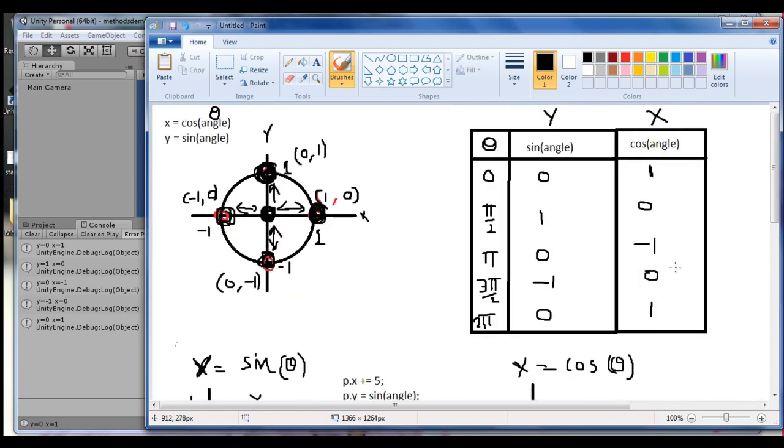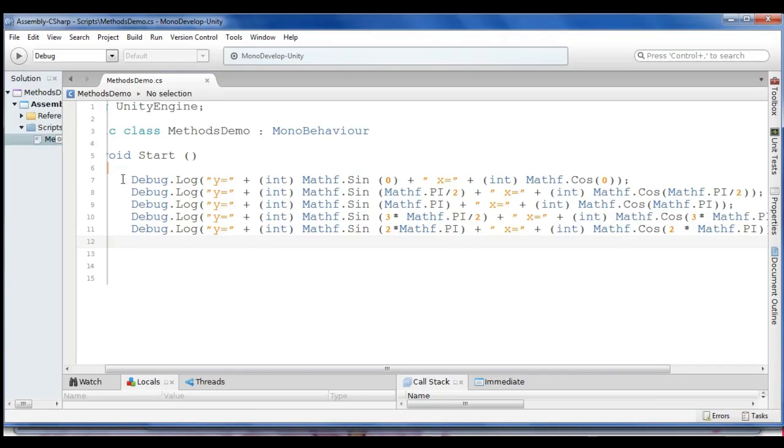Now we have got an idea. Now let us take this one as the domain and this as the range, and see how we write the code for that. Okay, let us write a code for this one and then we'll stop.